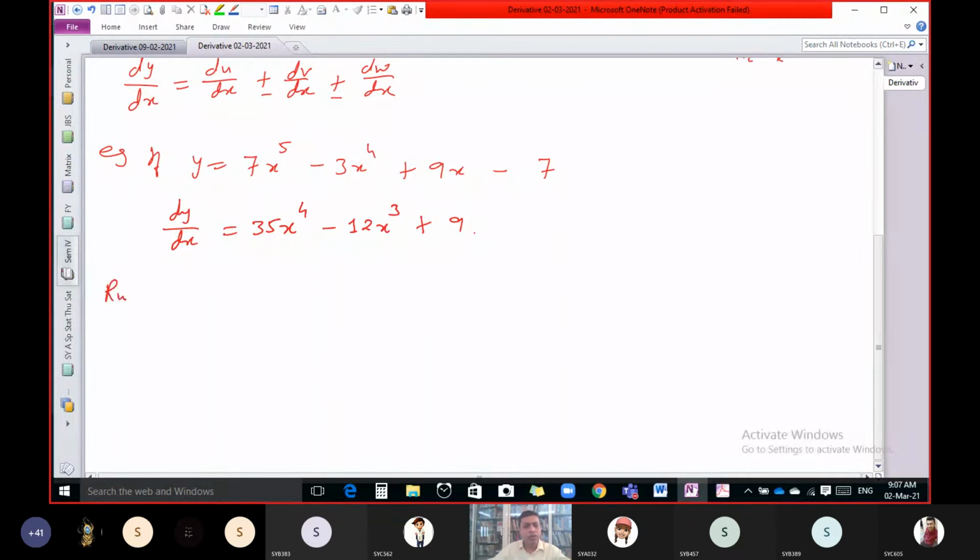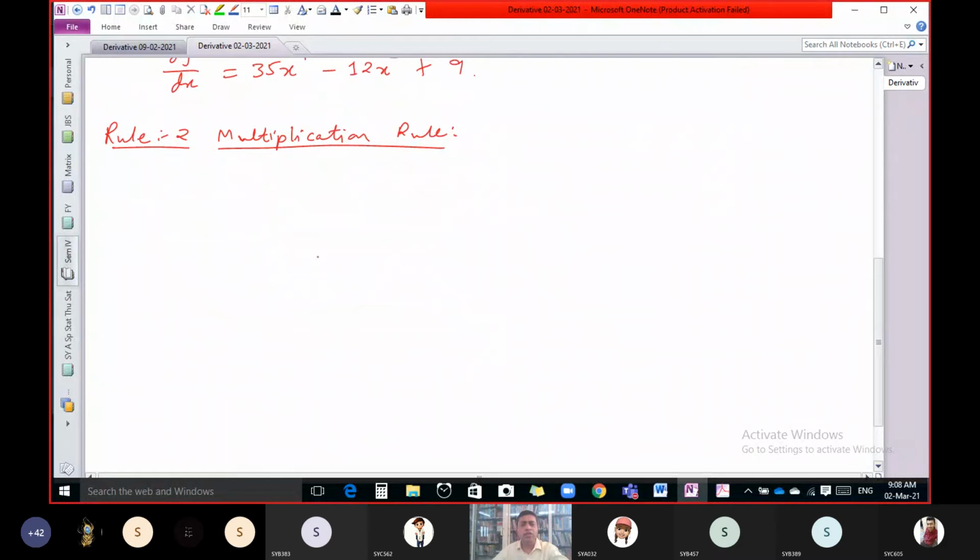Now rule number 2, the multiplication rule. Suppose there are two functions, like if y equals u into v, where u and v are functions of x.